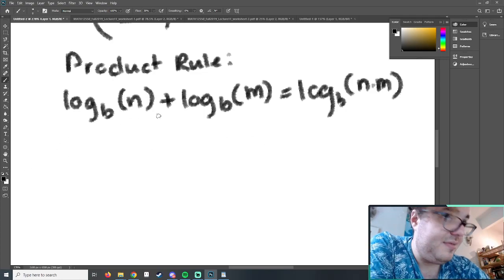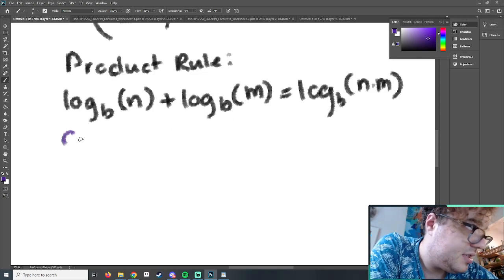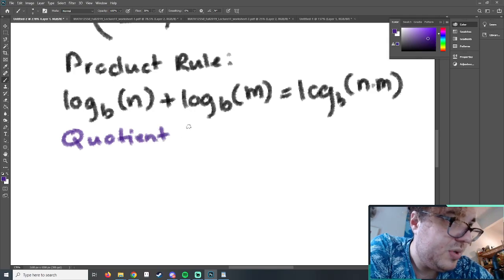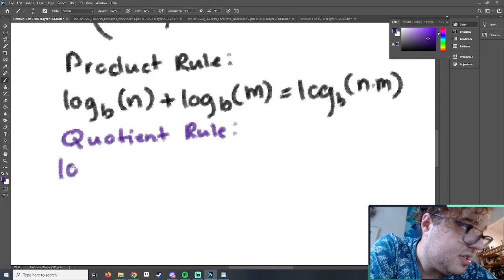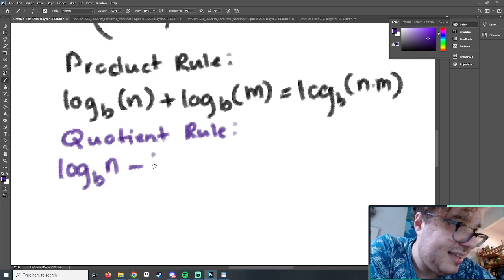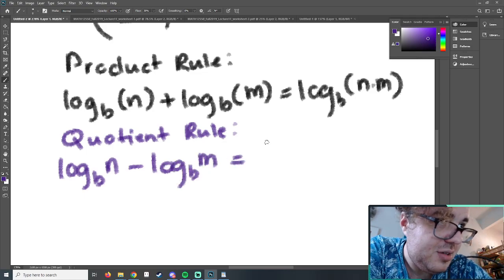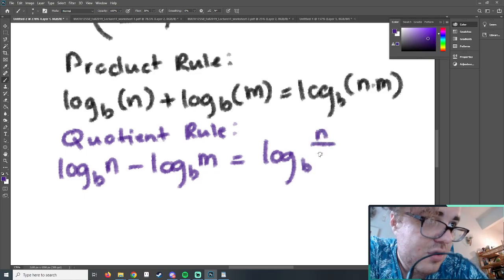We then have the quotient rule, which is the exact thing but with division and subtraction. Log base b of n minus log base b of m equals log base b of n over m.